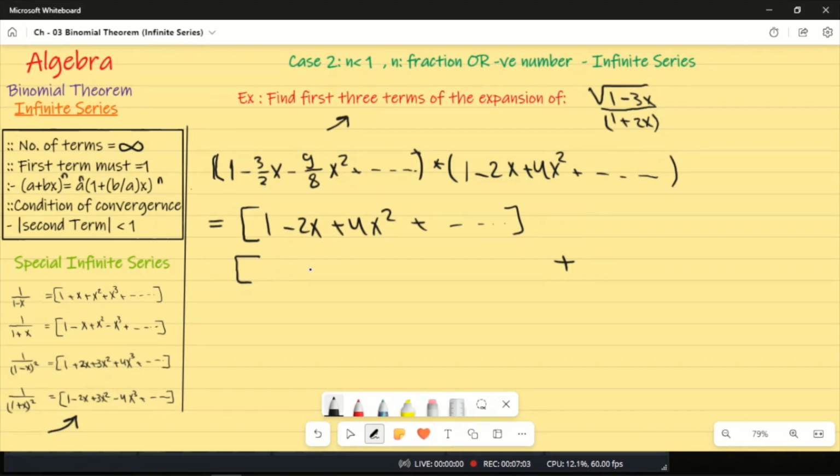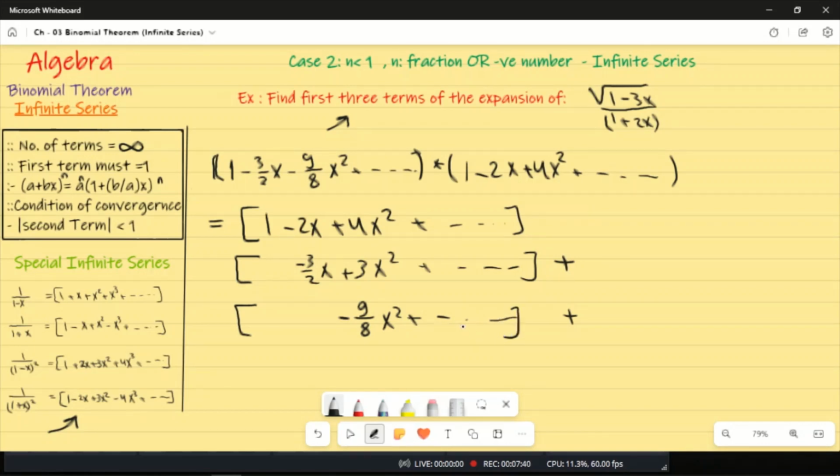So we have here negative 3 by 2x, and here we have second term, we have plus 3x squared, plus we have here negative 9 by 8 x squared plus the completion.